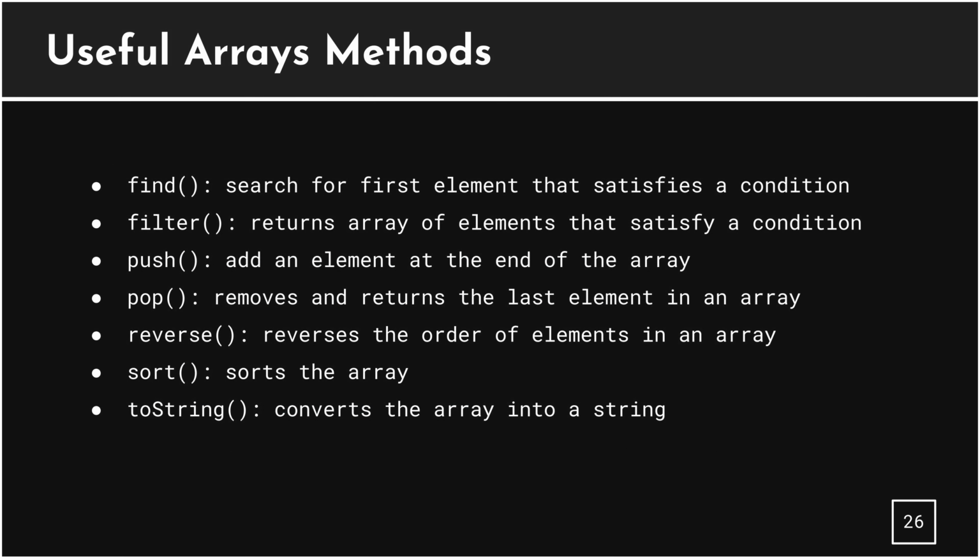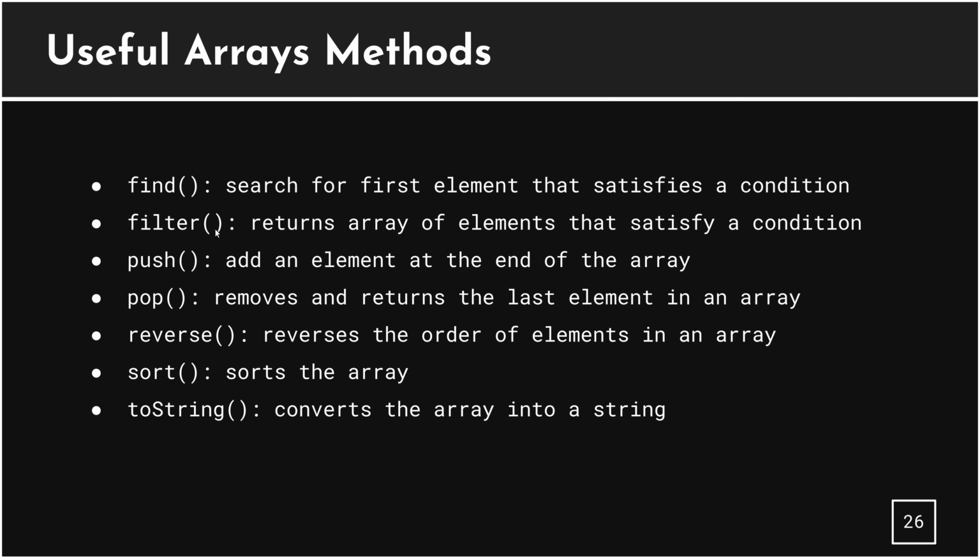Arrays are a particularly useful data structure, since in JavaScript the language actually offers us many methods for interacting with arrays that may simplify the development process. So here I just picked some of these methods that we use the most. We have find, which searches for the first element that satisfies a condition.